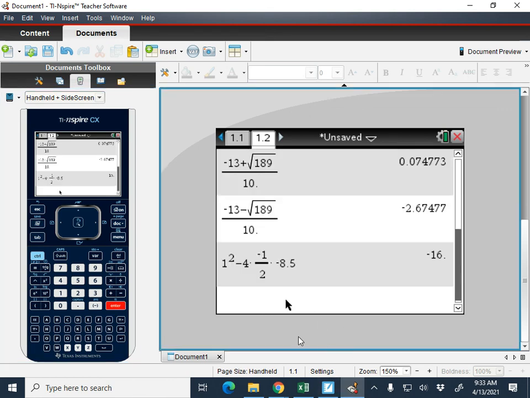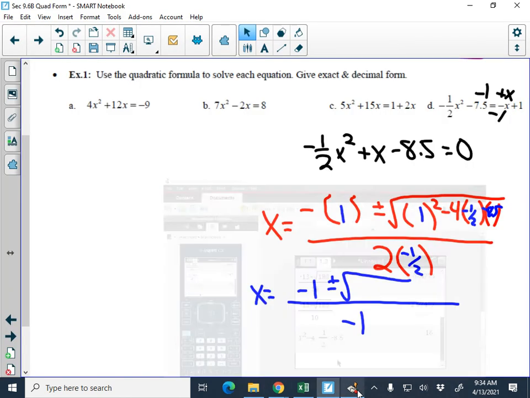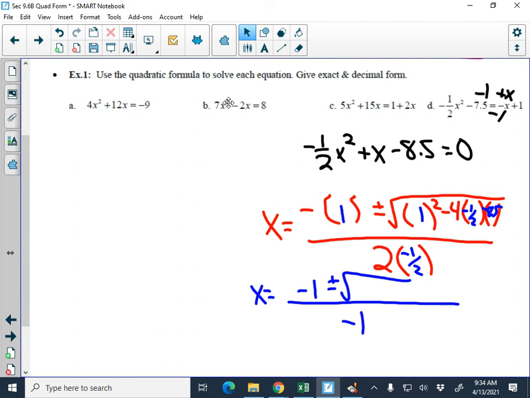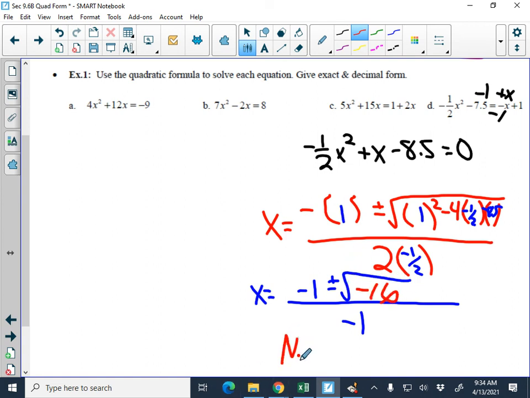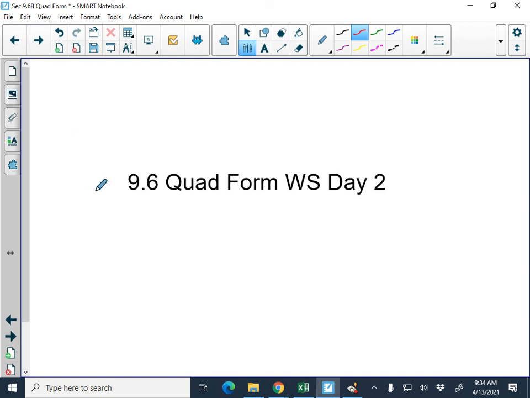Anyway, that whole middle becomes negative 16 the way it looks. As soon as we have a square root of a negative, that's problematic. So we say that has no solution. Is that the last one, I think? Okay.